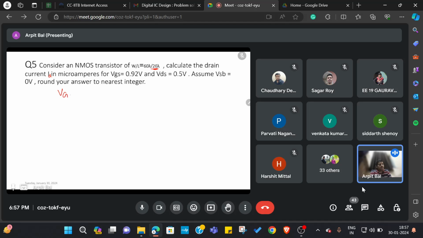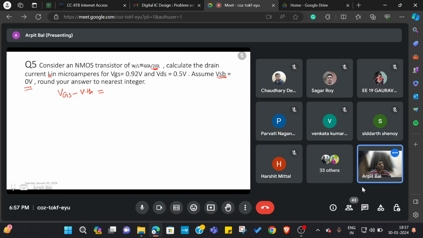We will first figure out the region of operation of this transistor. That is, we will do VGS minus VTH. VSB is given to us as 0 volt. Just like in the first question, if VSB is equal to 0, there is no body effect involved, so the threshold voltage is not going to change and it will be equal to VTH naught.